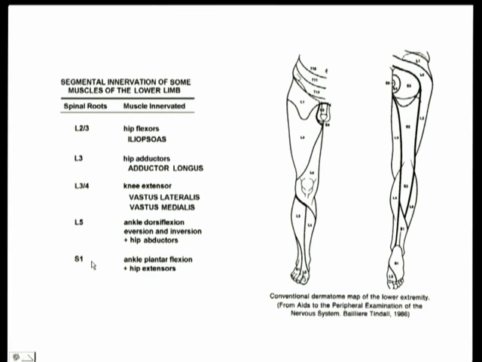And with S1, you're going to have a problem standing on your toes, okay? So think about the S1 and the L5. Here, you're going to have difficulty standing on your heels. Here, because it's a plantar flexor, you're going to have trouble standing on your toes.